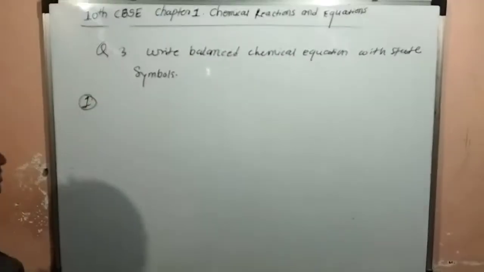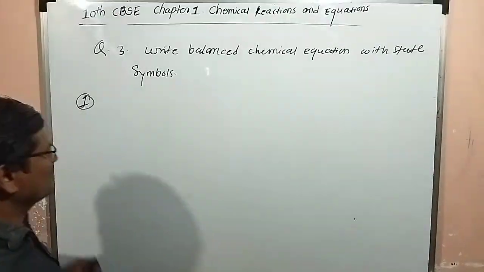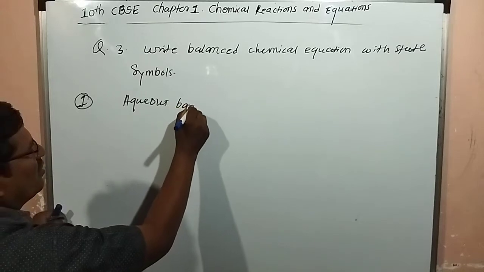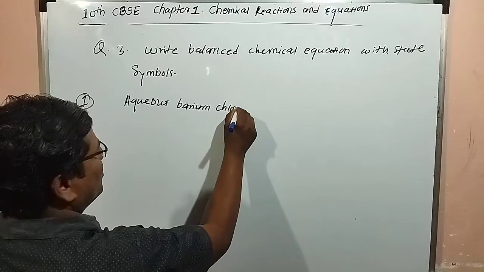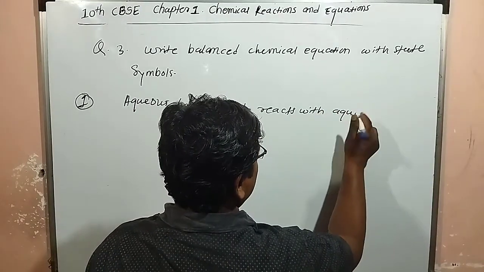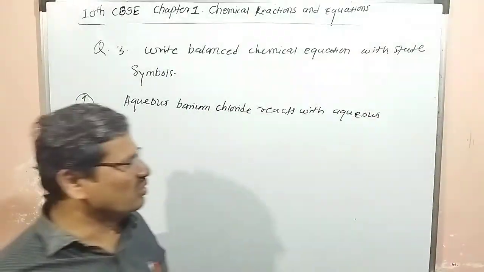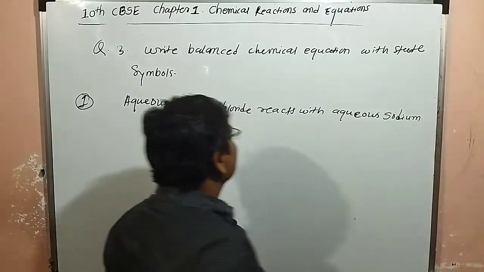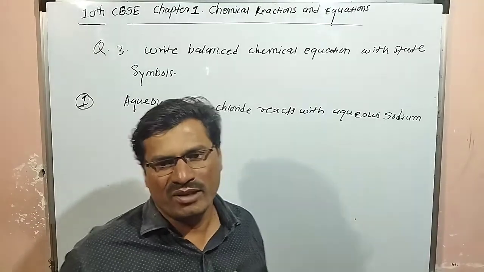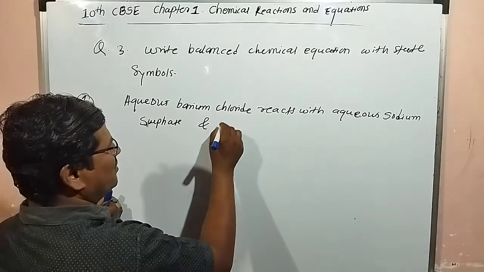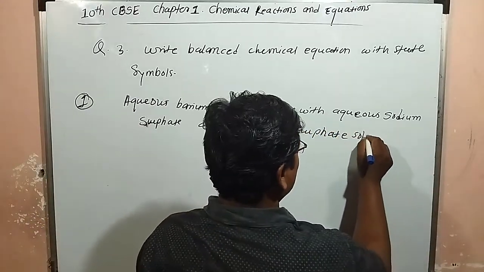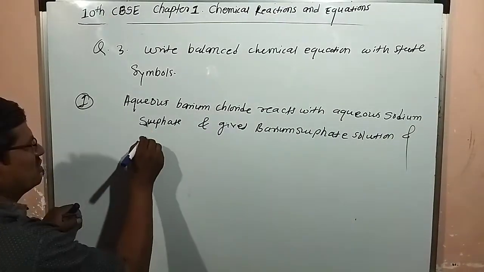So we'll write the statement first: aqueous barium chloride reacts with aqueous sodium sulfate, and forms or gives barium sulfate precipitate and sodium chloride solution.